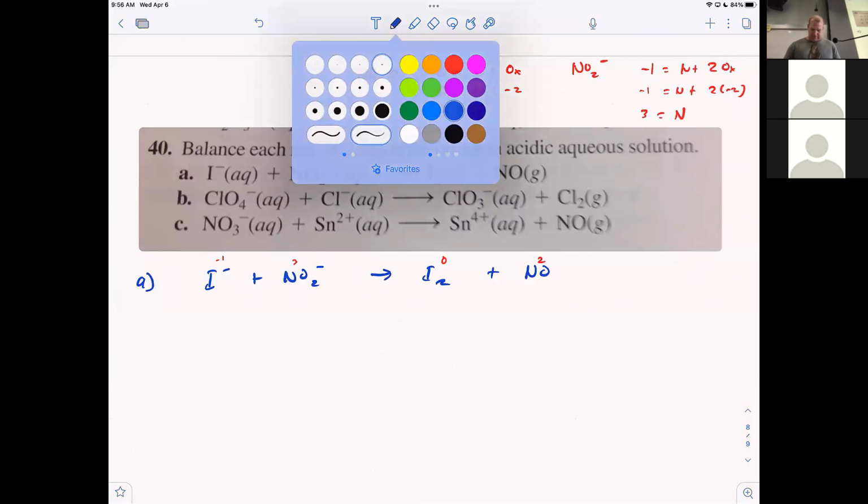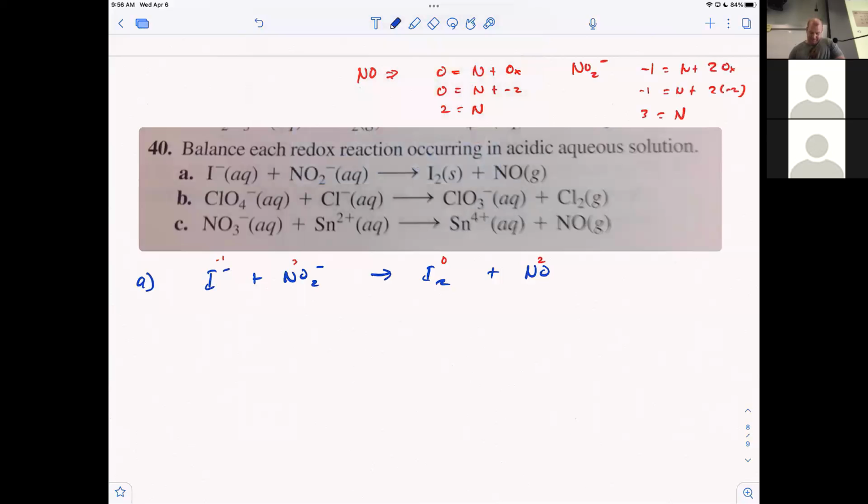So now we do the half reactions. 2I minus goes to I2 plus 2 electrons. NO2 minus plus an electron goes to NO. So you have to multiply the bottom one by 2. Then you have 2's there.